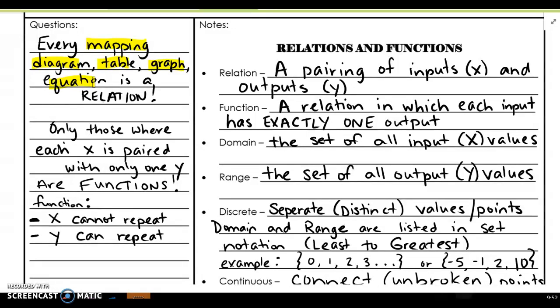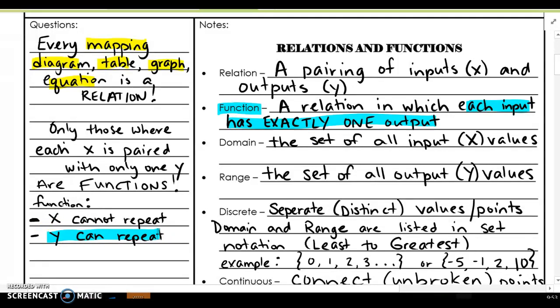So a common question is, is this a function? Well, the definition of function is any relation in which each input, so each X, has exactly one output. X cannot repeat with a different Y. Each X can only be paired with one Y. Y can repeat.